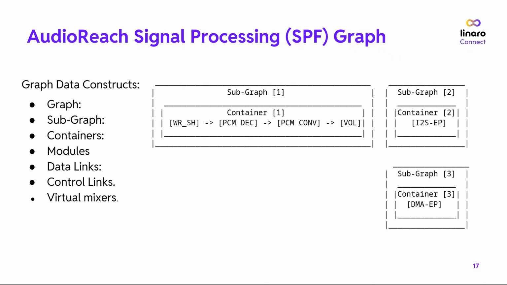As I was saying, AudioReach, the framework itself, is data driven. That means the user has to tell it what they want to run, and the way they tell it is using the graphs. Right now we generate these graphs manually. For example, in this case we are trying to play back on HDMI, as Christoph was saying. Then we create two graphs. One is a subgraph which handles the PCM streams, and another subgraph handles the hardware endpoint.